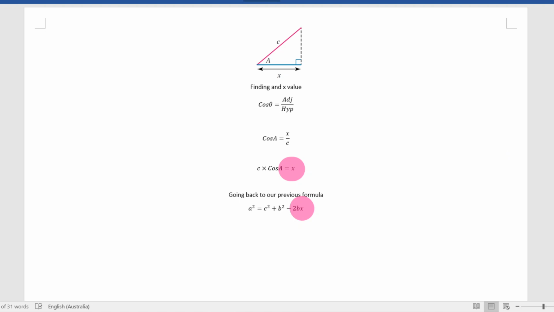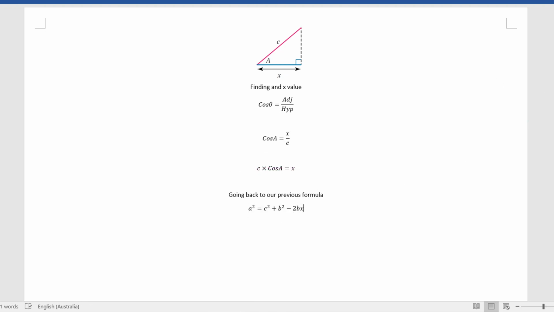The two X's there, and I might just use a bit of a smaller highlighter there. The X here is going to be the same as the X here, isn't it? So instead of writing X, what I'm going to end up doing is expressing X as C times cosine of A, okay? So, expressing that, let me just erase this for a second.